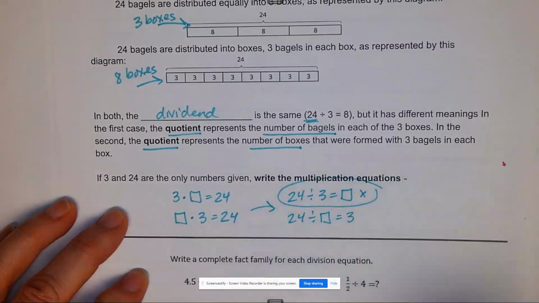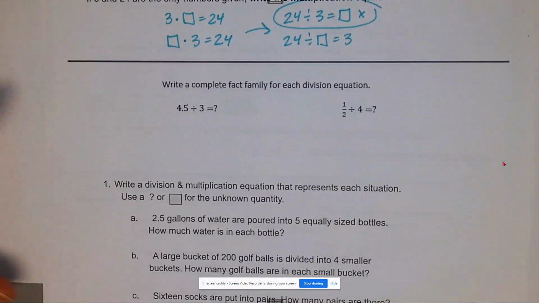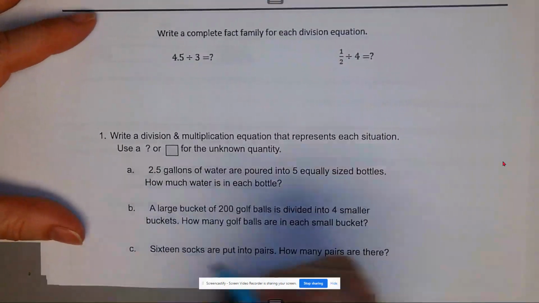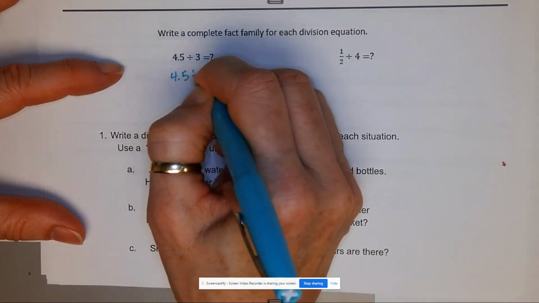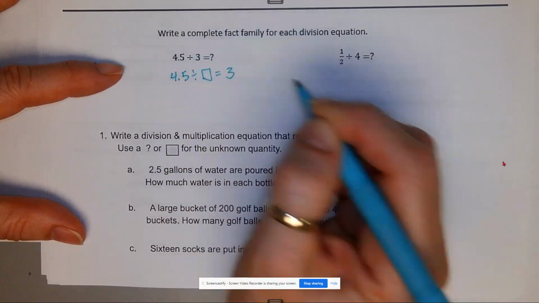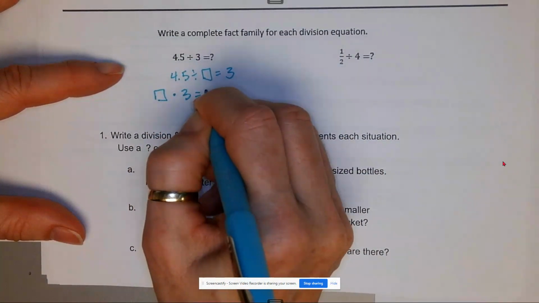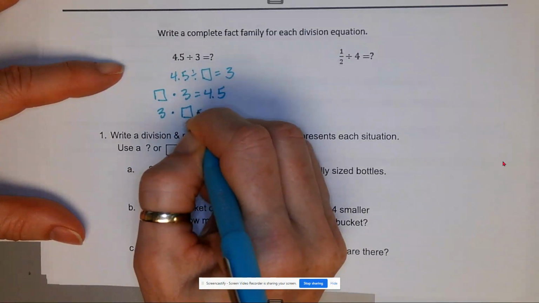Now, this is the problem you would use to find the answer. The practice, please try on your own. Pause the video before you go on. Fact family, 4.5 divided by empty box equals 3. And then empty box times 3, and 3 times empty box.